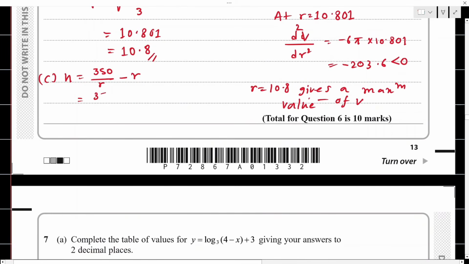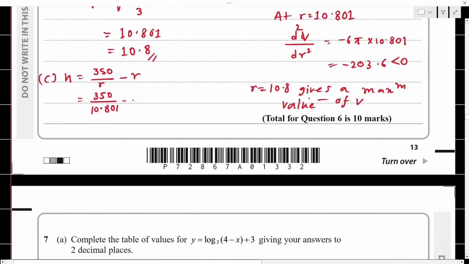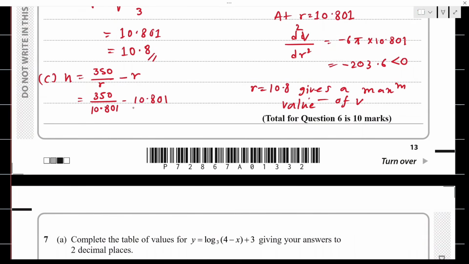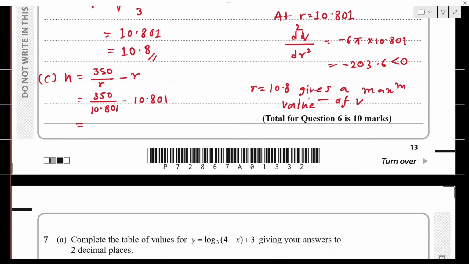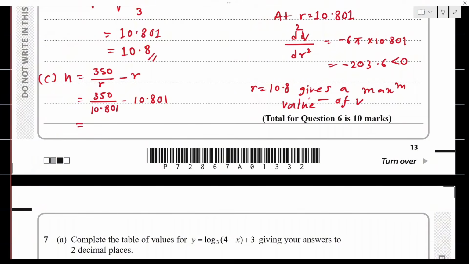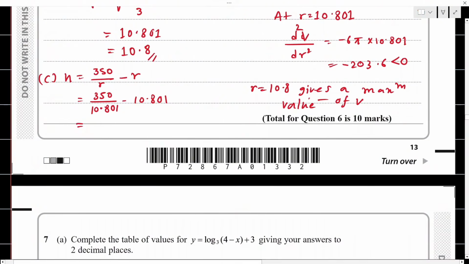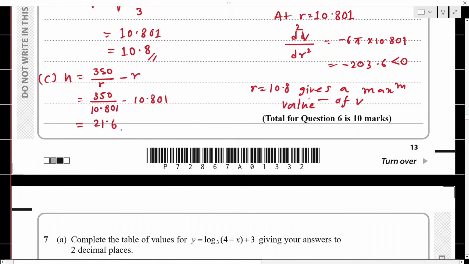Now I can use the value for r. Again, I'm going to use a more accurate value for r in order for greater accuracy. Now this will be equal to 21.6. And this is our answer for our height.